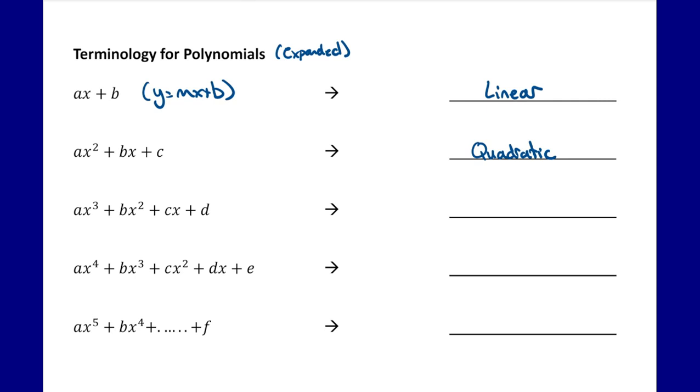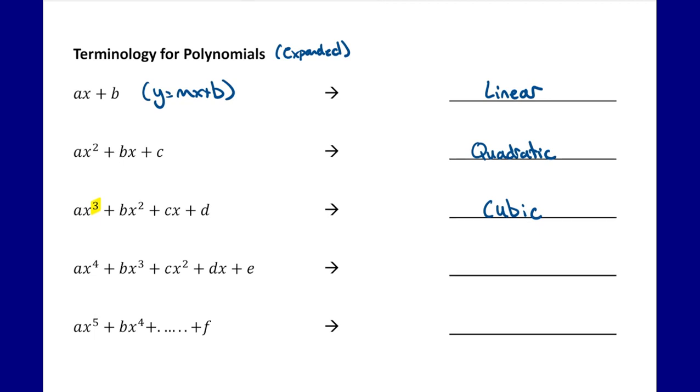If we have one that's ax cubed plus bx squared plus cx plus d, this is something that we would call a cubic function. And the unique characteristic here is this exponent of 3. The next one, following the same pattern, ax to the power of 4 plus bx cubed plus cx squared plus dx plus e.